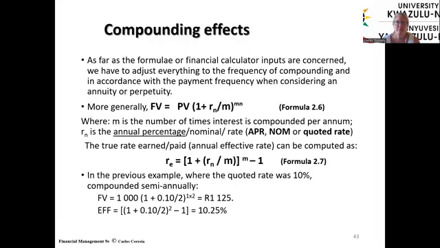It's only when interest is compounded something other than annually that the effective rate you end up paying or earning on a loan or investment, whatever the case may be, ends up being a lot more than your nominal rate because of the effects of compounding, which I illustrated on the previous slide.